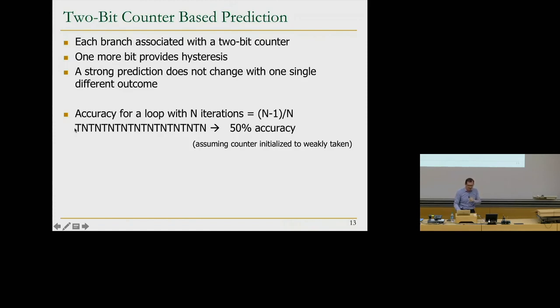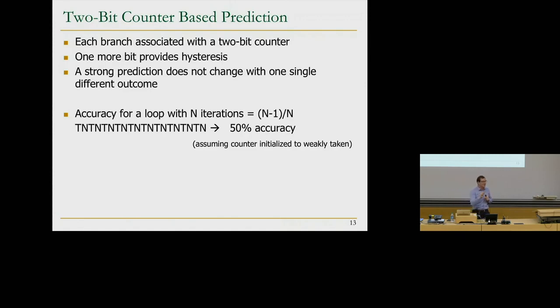It works for strongly taken also in this case. Your initial value matters in this case. Basically, you start with weakly taken, then you get 50% accuracy, because you only mispredict the not taken cases over here. We will see that you will do better in these cases. So now accuracy for a loop with n iterations becomes n minus 1 over n. Why? Because you only change your mind at two opposing outcomes.